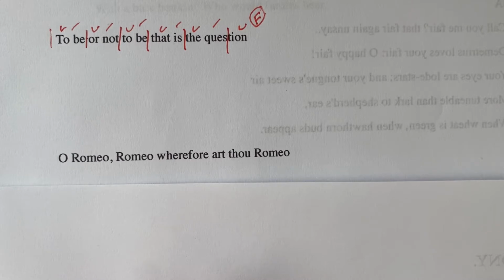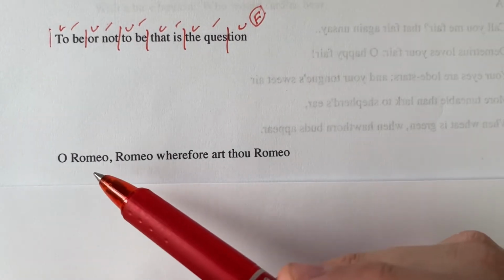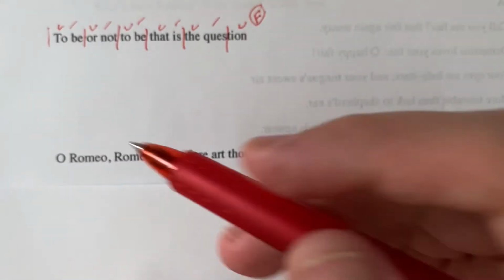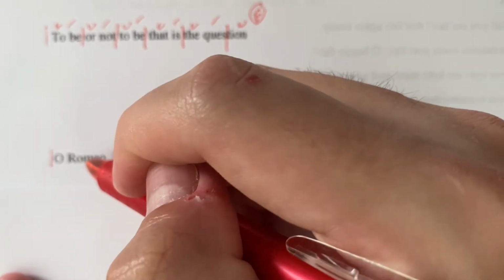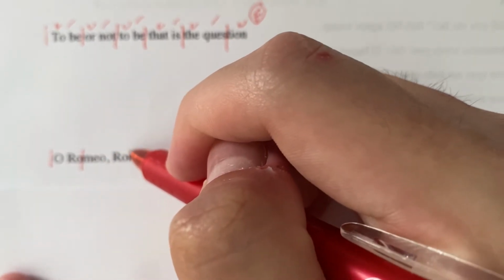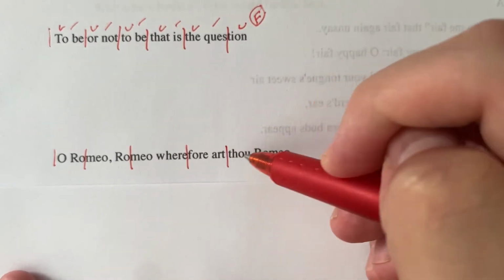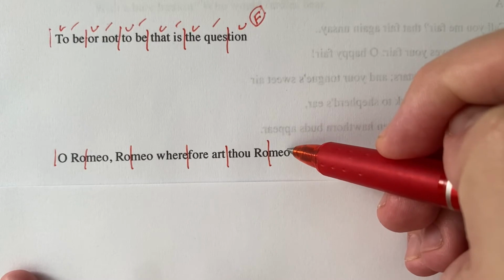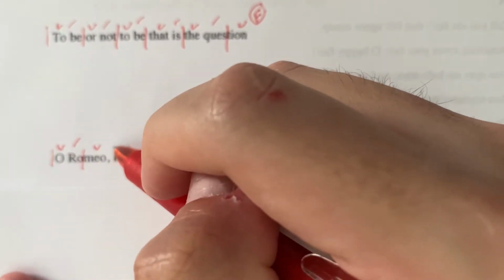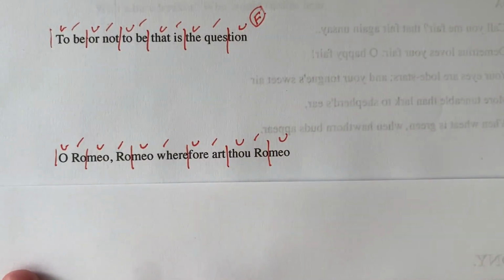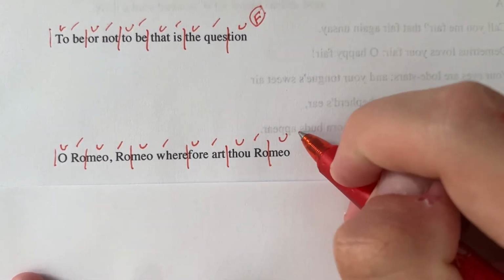So, using our elision tool that we learned earlier, we are going to elide Romeo into Romeo. So, let me show you how this works. O Romeo, Romeo, wherefore art thou Romeo? And that'll get it to fit at least into a line with a feminine ending. So let me mark that here.